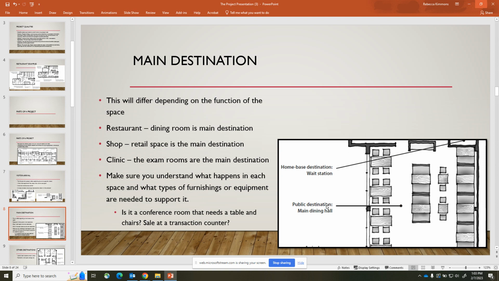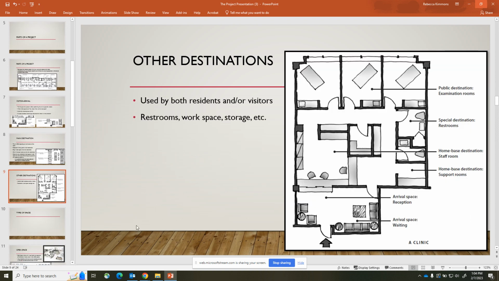For a clinic, the exam rooms are the main one. So understand what that is. Where are these people ultimately going? And then understand what happens in those spaces so you know what types of furnishing and equipment are needed. So this goes back to programming, but all those parts and pieces are what makes it come together.